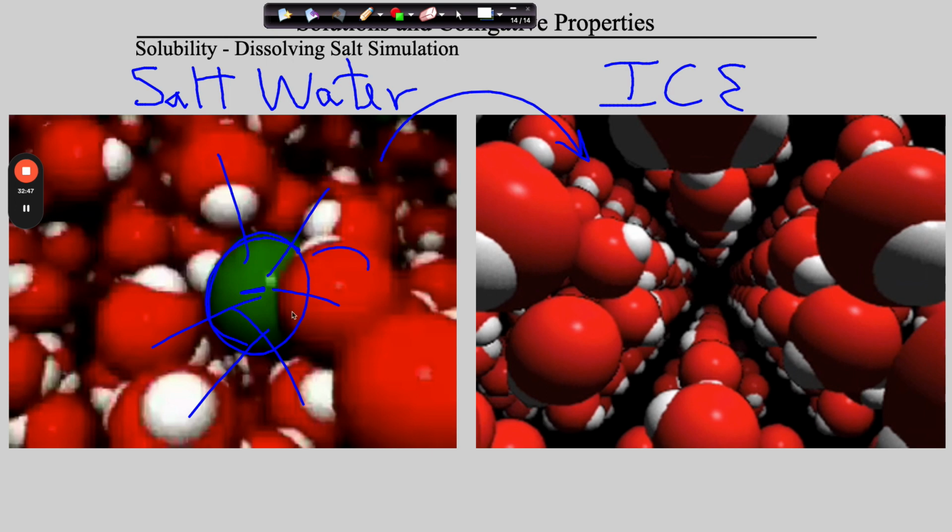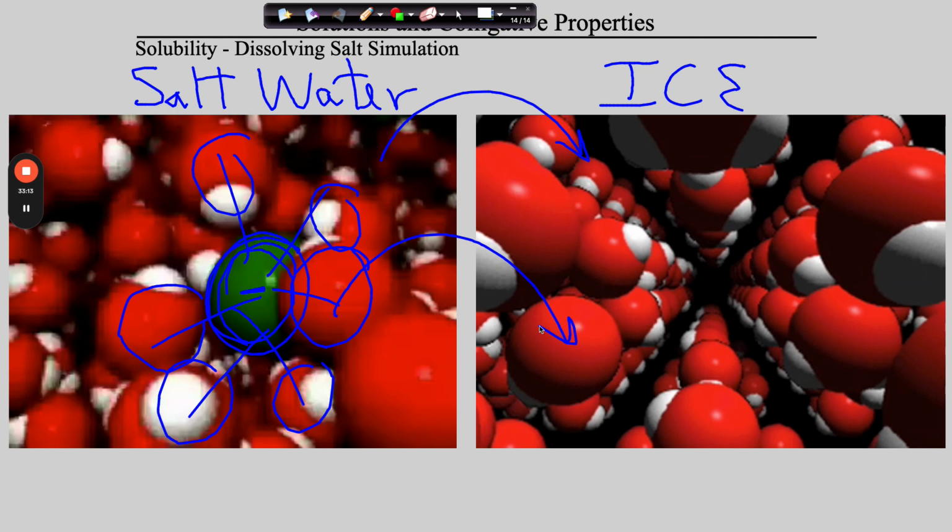So these water molecules right here that are attracted to this salt ion, these guys cannot freeze. So in order for the salt water to freeze, these molecules have got to get away from the salt, and they have got to be able to come over here and settle down and freeze.